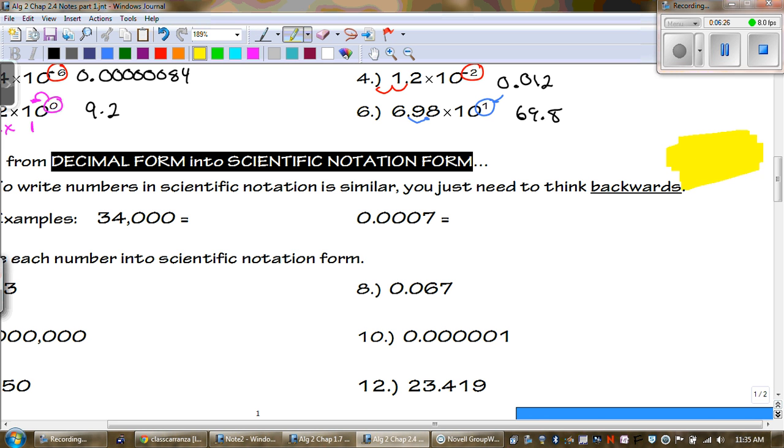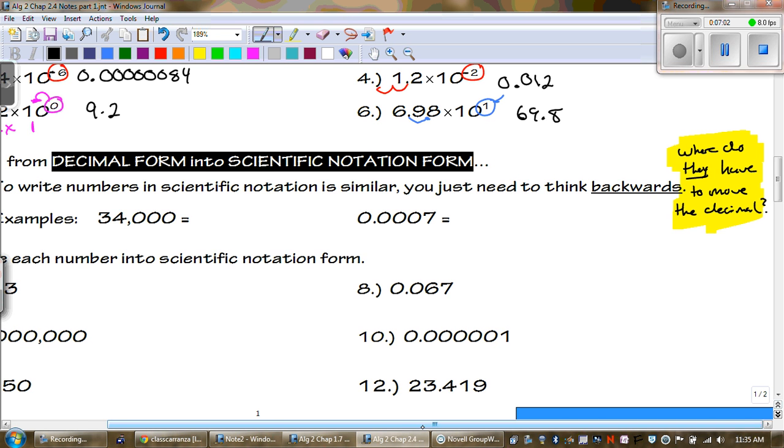You need to think, where do they have to move the decimal? And you might be like, Mr. Grice, who's they? Well, pretend that you're teaching this to somebody else. So if I move it one way, they have to move it the opposite. That's what we mean by backwards.